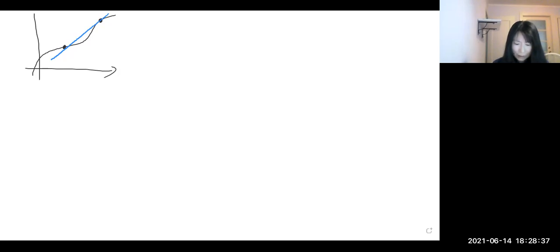Let's say that this is A, this is X. I just follow your book notation. Okay, then this point is an ordered pair.